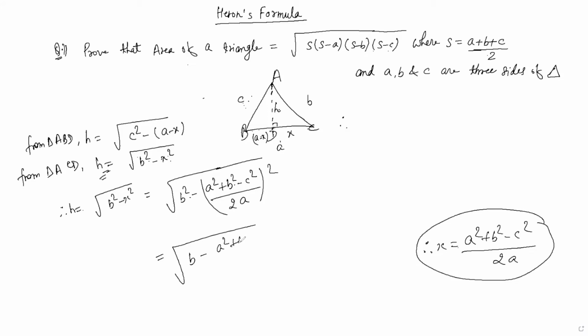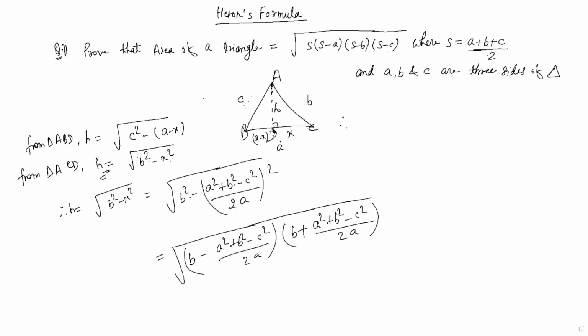So this will become a minus b into a plus b, with a square plus b square minus c square divided by 2a.